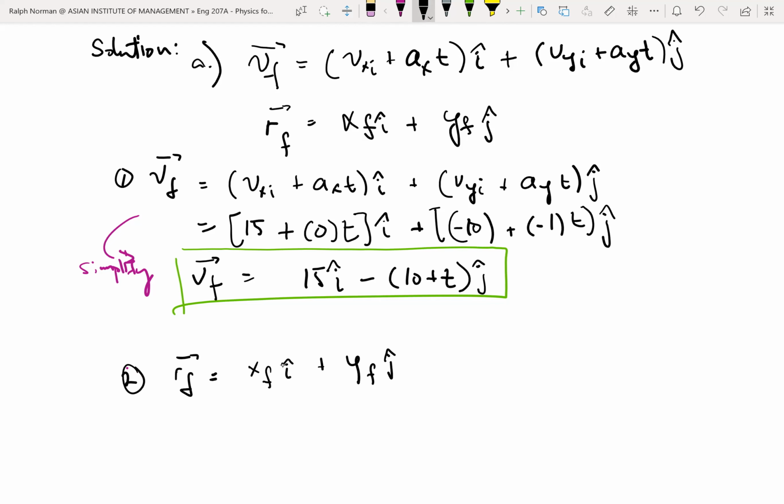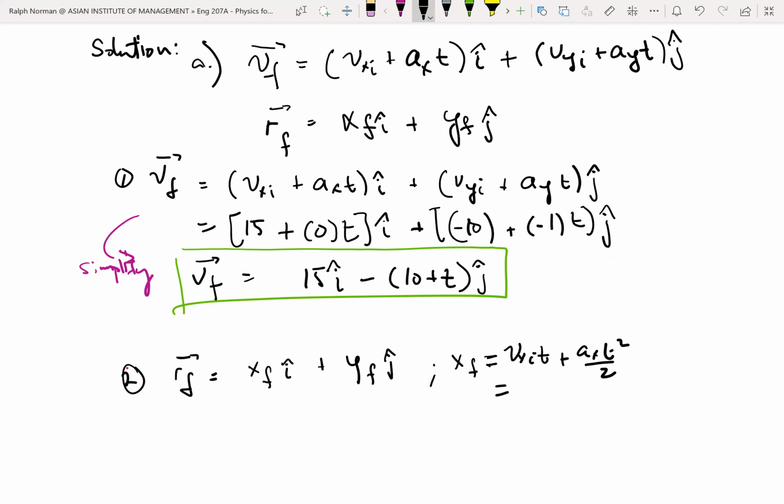We know that, recall that XF is VXI T plus AXT squared over 2 based on your kinematic equation. So you can actually solve for that.